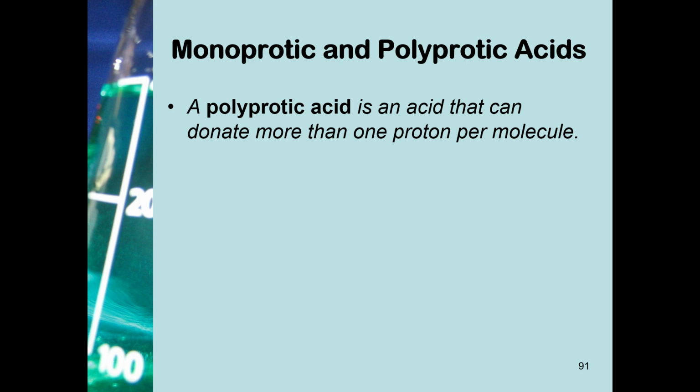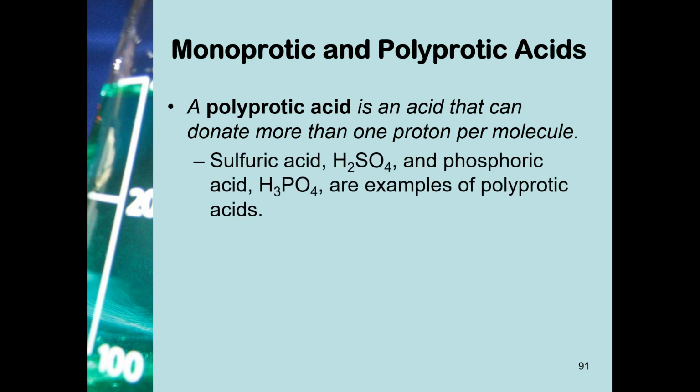So a polyprotic acid is an acid that can donate more than one proton per molecule. In other words, a diprotic acid is just an example of a polyprotic acid. Sulfuric acid that we had on the previous slide is H2SO4, and then we've also had phosphoric acid earlier, that's H3PO4.